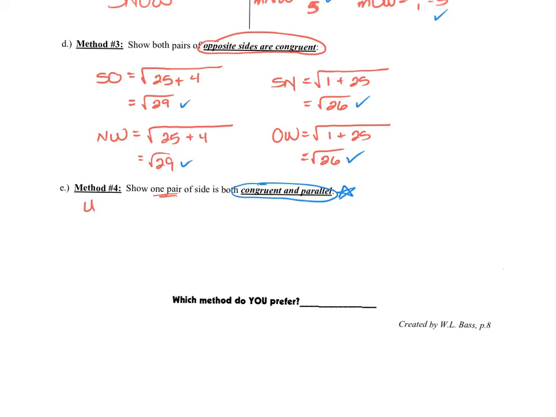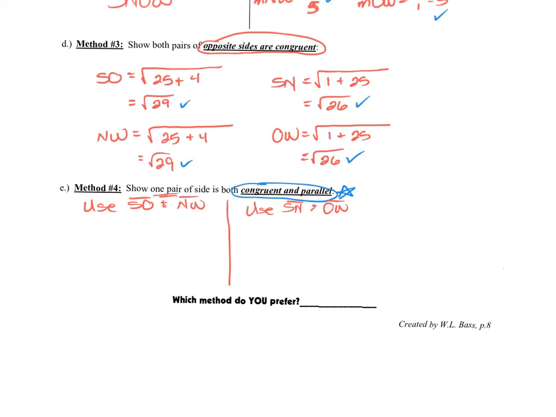You would either use sides SO and NW, or, I'm going to put a line in the middle, or you would use SN and OW. You would not do both parts of this. You would not do this and this. You would do one or the other.